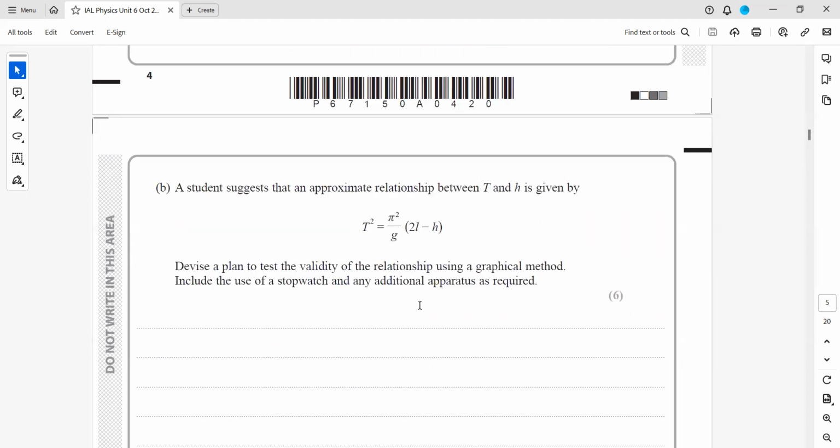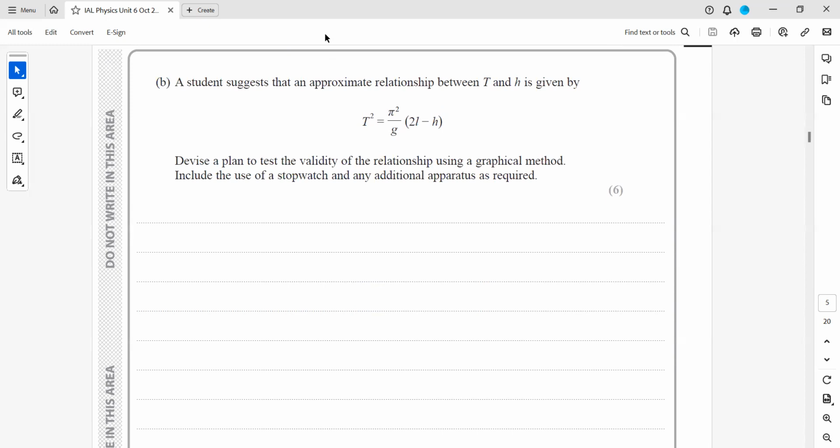Why should the pendulum be displaced at a small angle? Because the initial formula which we use to work out the time period, T equals 2 pi root L over g, is derived on the condition that theta is very small. So theta is approximately equal to sine theta.